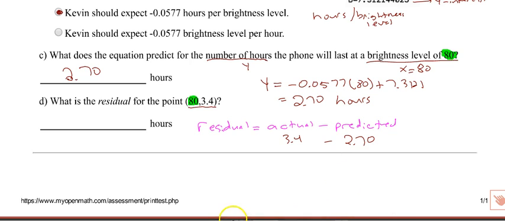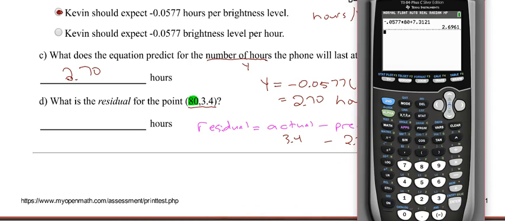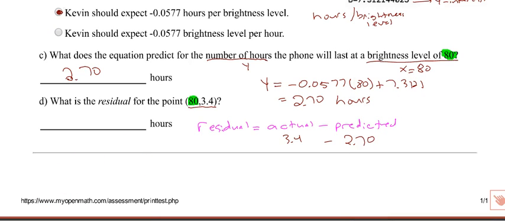So if I subtract those, 3.4 minus 2.7, I get a residual of 0.7 hours. So that's what a residual is. It's the difference between the actual and the predicted, the fact that my prediction wasn't perfect. I have a data point that disagreed with my prediction.